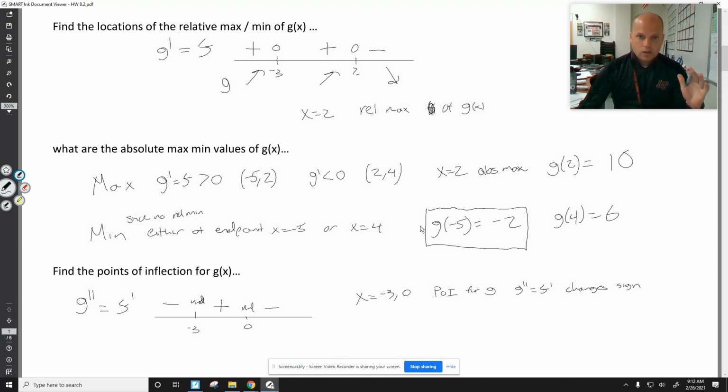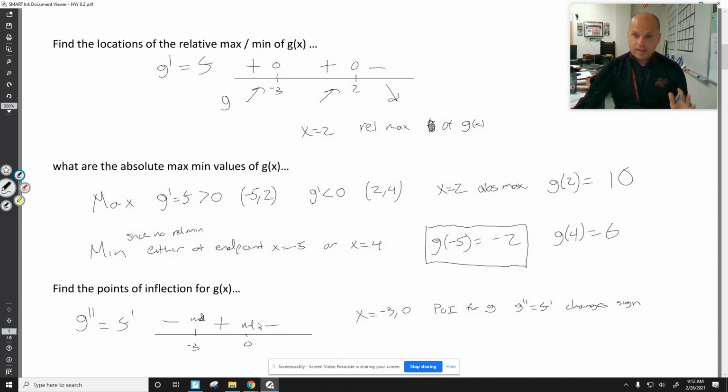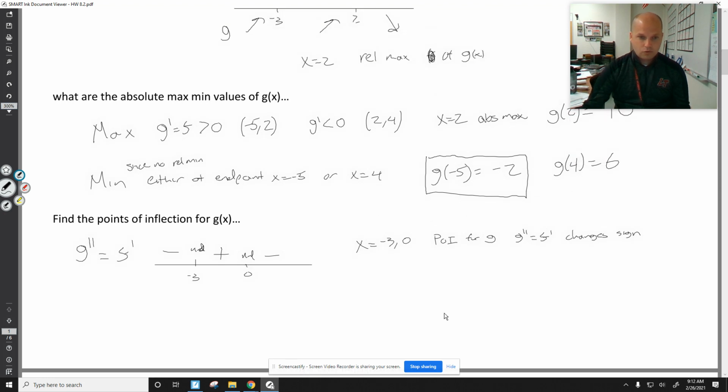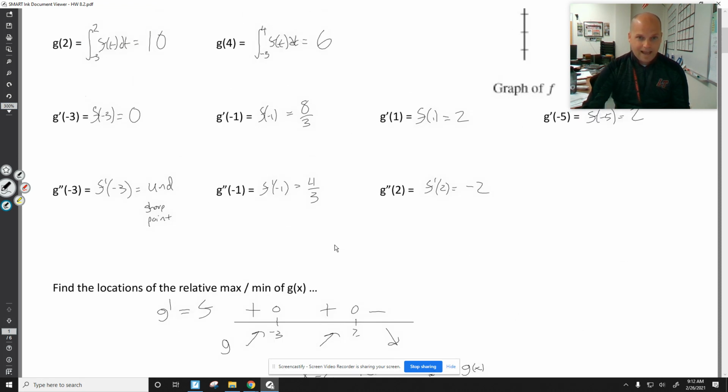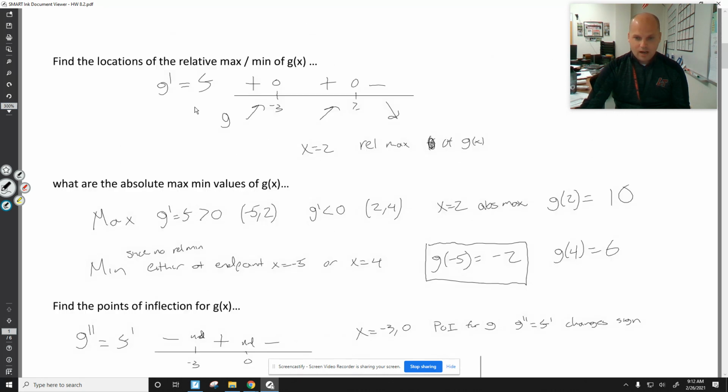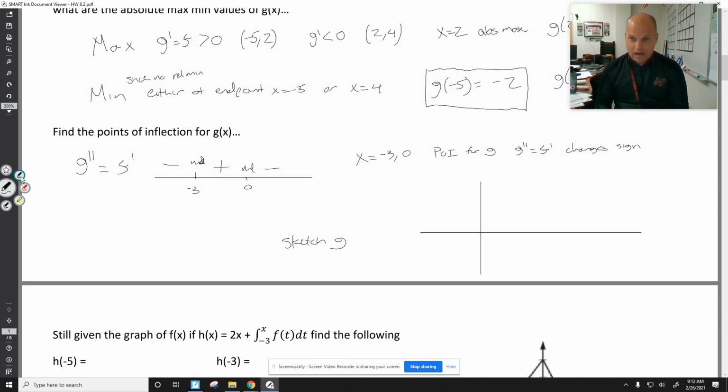And just for fun, let's throw this and this together to graph. I already have a bunch of points. At negative 5, I'm at a y coordinate of negative 2. So now I'm graphing G. I go from negative 5 to 4, so it should be like this.